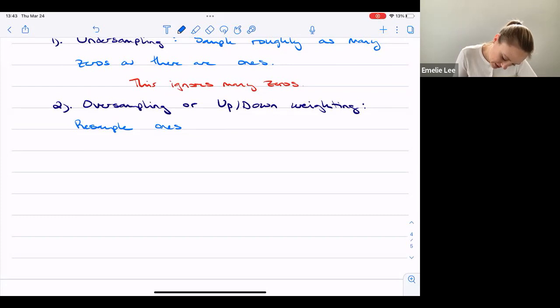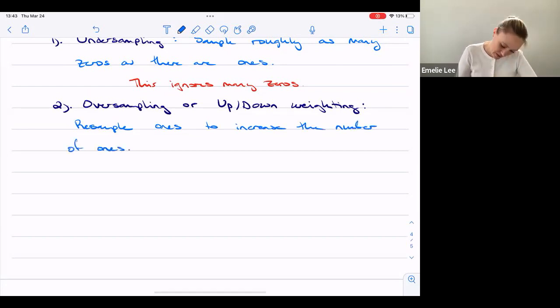So resample ones to increase the number of ones, or you can apply a weight.